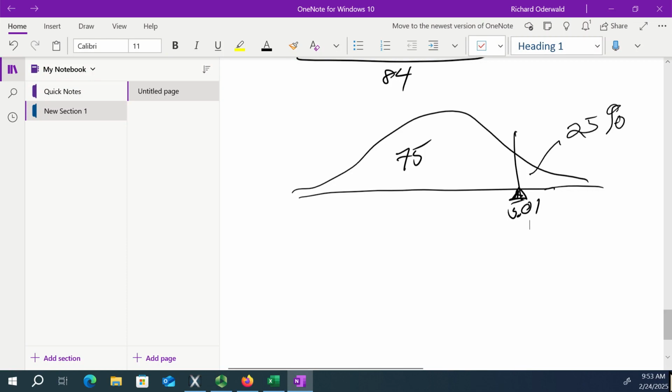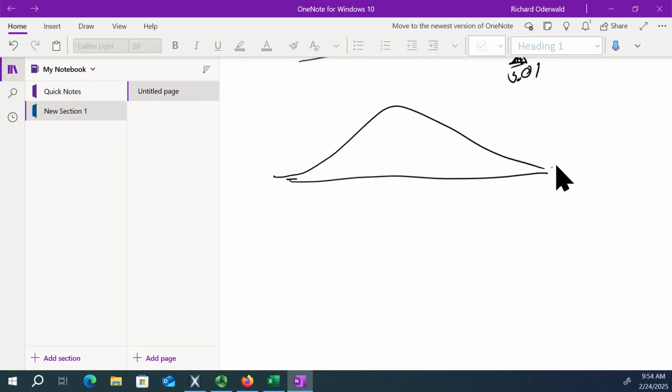The average wait time in an emergency room is 52 minutes. In the middle is the mean, 52. Standard deviation is 21. If I go one standard deviation up, 52 plus 21, what is down here?